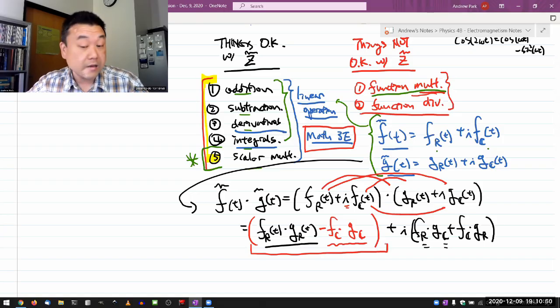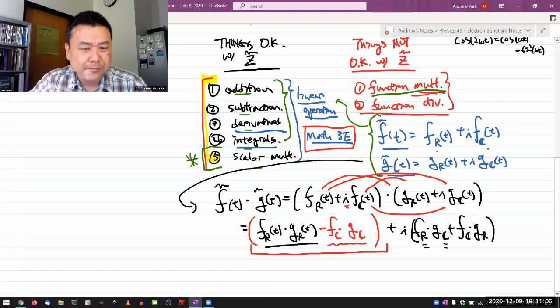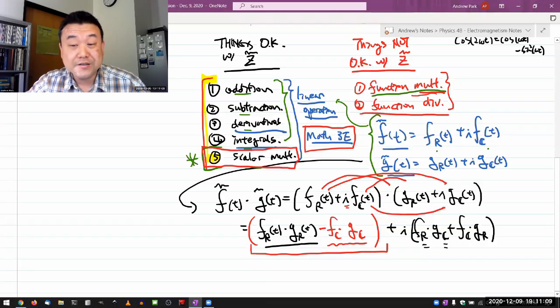So function multiplication is not okay to do when you are working with a complex number. There may be a very limited set of circumstances where you can, and scalar multiplication might be considered one of those. But in general, if you are multiplying a complex function with another complex function, you better know what it is you're doing.